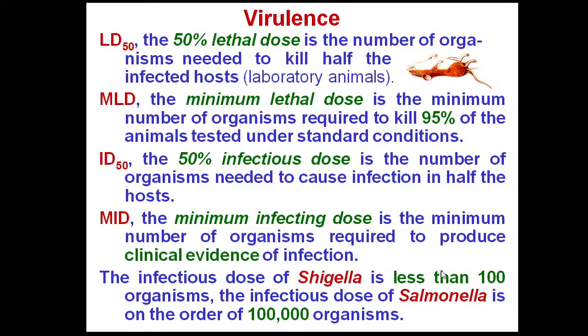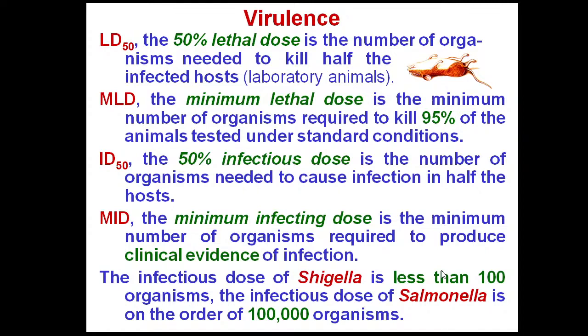Let's take a closer look. How do we measure the virulence of a particular strain? We may have several indices, right? For example, lethal dose 50. This is the number of microorganisms needed to kill half of the infected hosts. The infected hosts are usually laboratory animals.